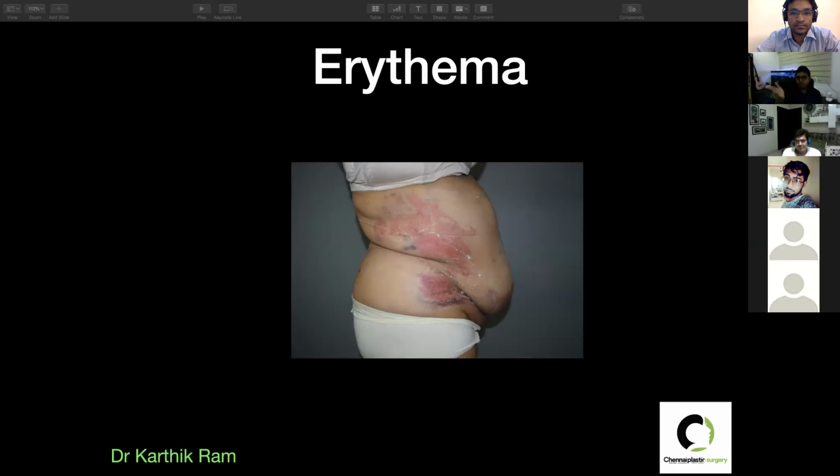But as the days go by, it tries to come to the superficial level. The skin depth is very common when the lipoma is deeper. I don't have a picture to show you, but I have a lot of patients like that. If you see that, you have to follow all the extra precautions so that you don't get skin necrosis.